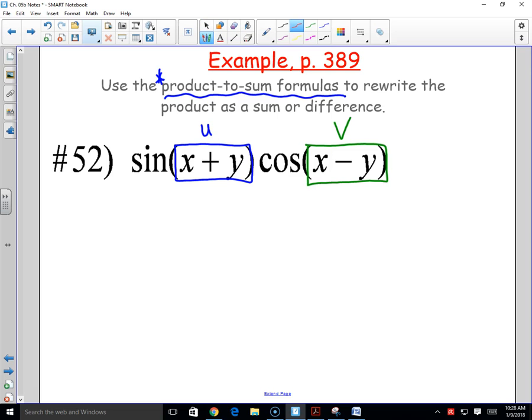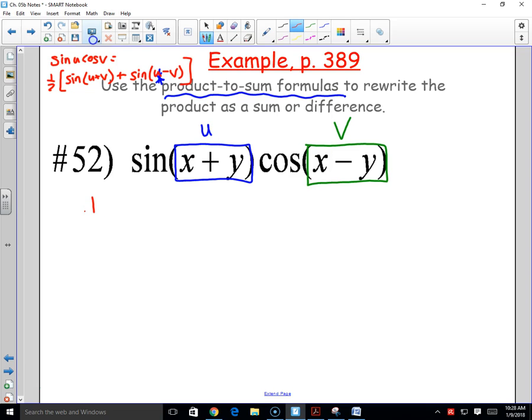Kiddos, what is the formula for sine of u cosine of v? Bracket. So sine of u plus v, plus sine of u minus v. This is kind of awkward, right? Just see if we can use it. There's a u, there's a v.